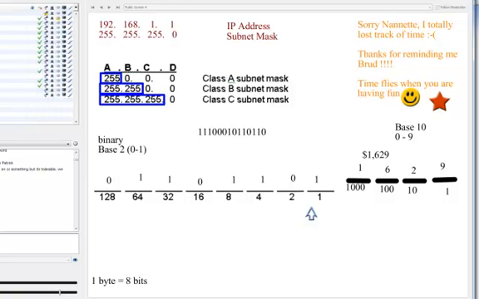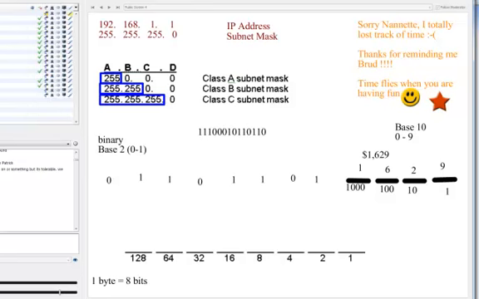What else? Let's put one more out there. Just another random one. I got to move this out of the way first.